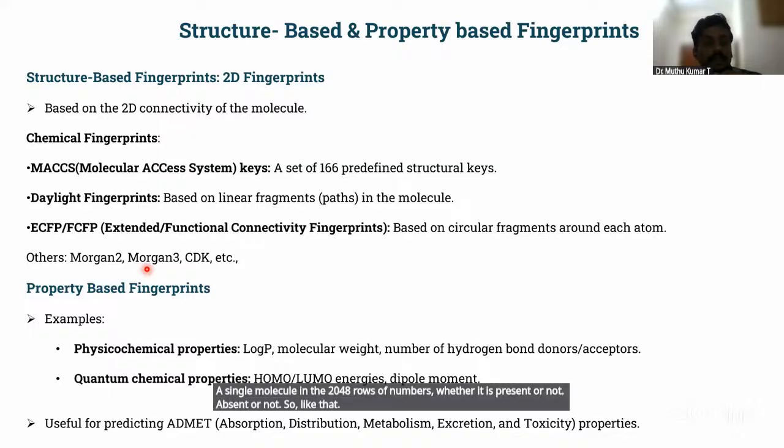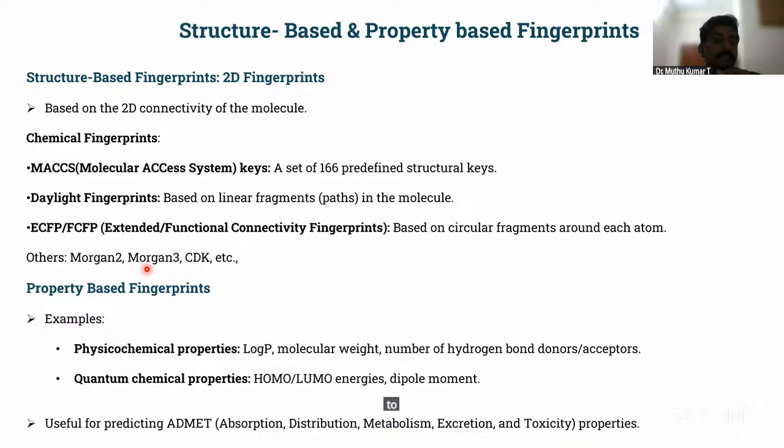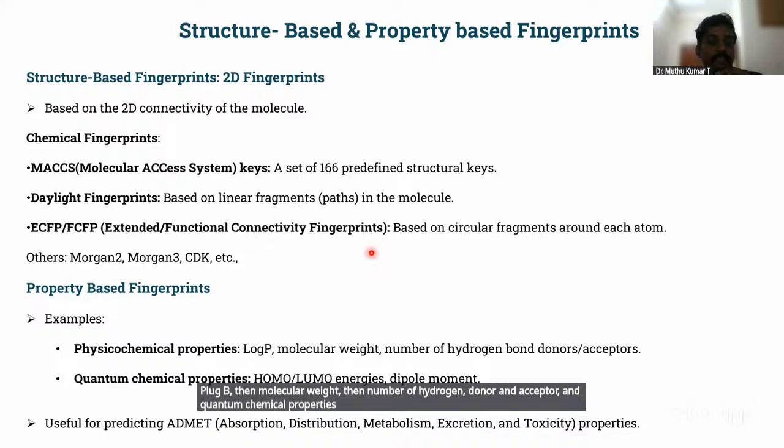Then when we come to the property based fingerprint, as I said earlier, logP, then molecular weight, then number of hydrogen bond donors and acceptors, and quantum chemical properties can also be considered as property-based fingerprints. So that also is like whether it is present or not.